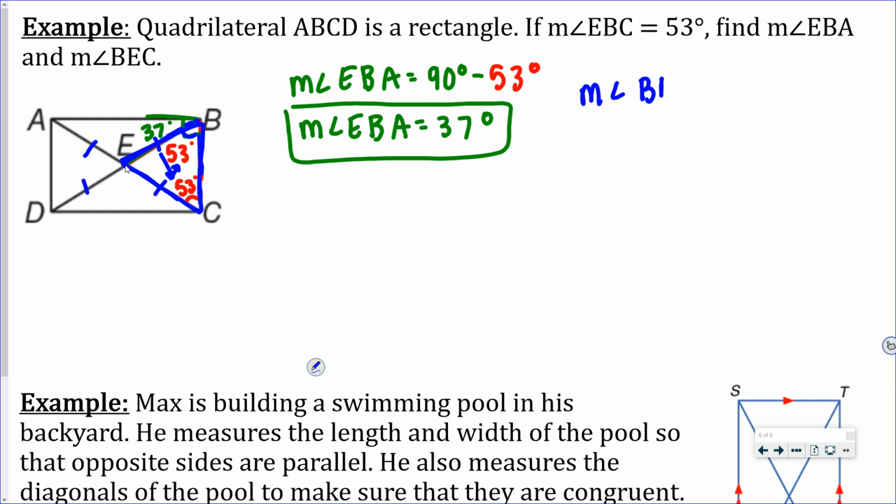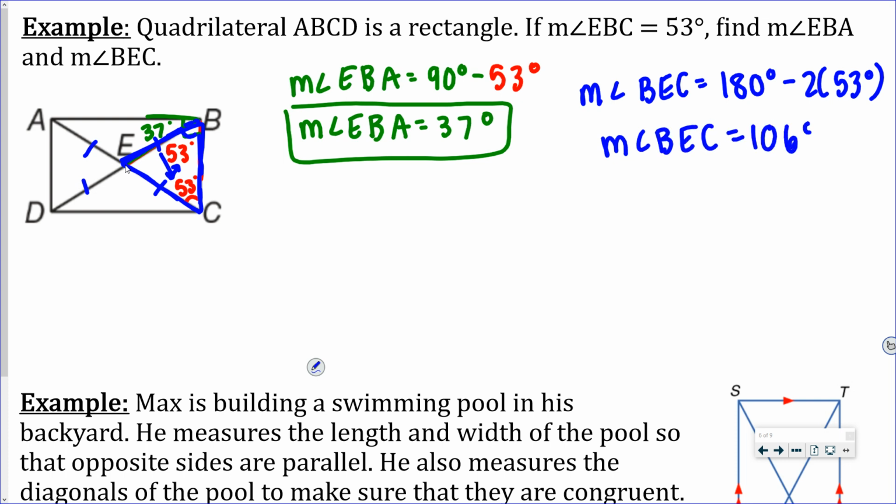So for BEC, he did 180 minus double 53. And you got 74 degrees. Okay, 74.